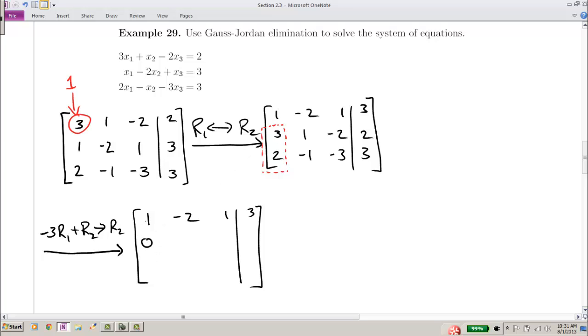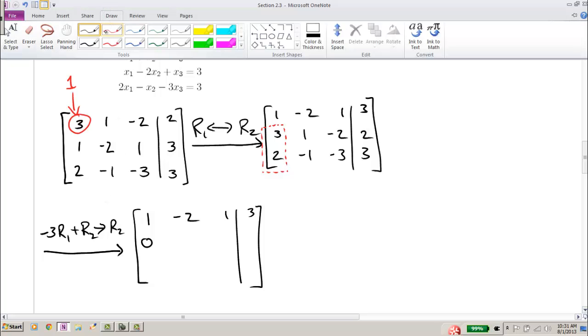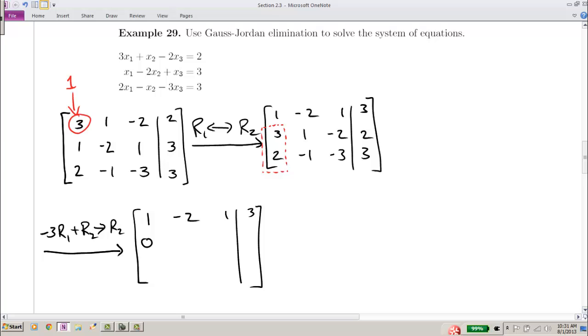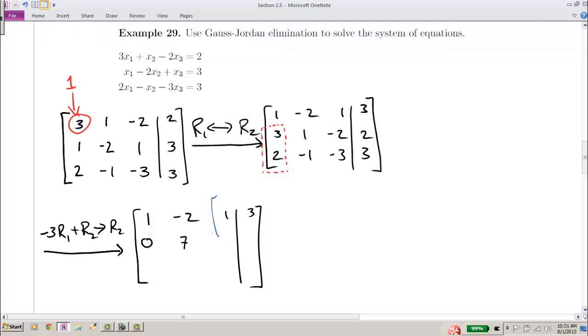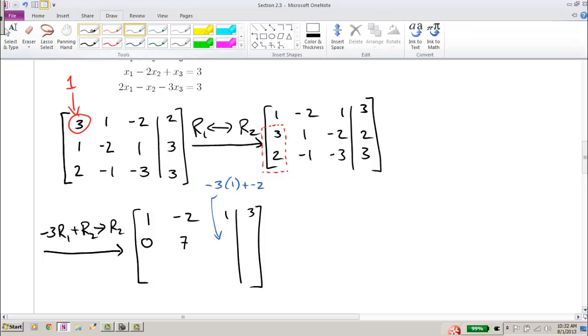No surprise there. -3 times a -2 is a +6 plus 1 is 7. And for this entry here, we have -3 times 1. That's a -3 plus a -2. That'll give us a total of -5.